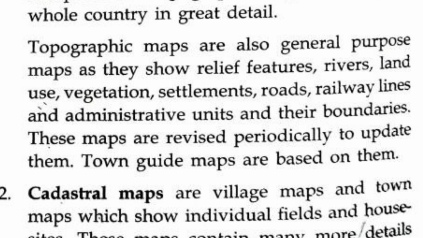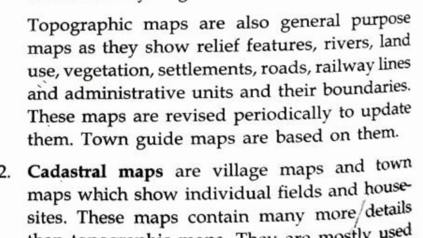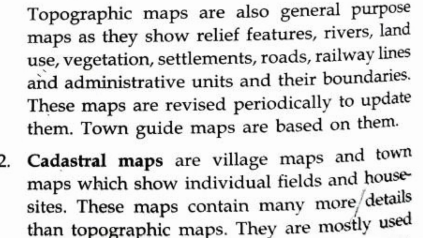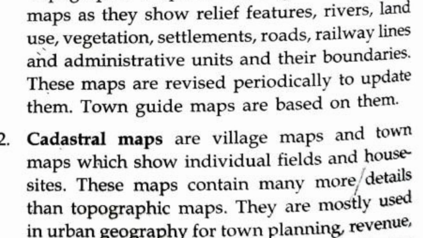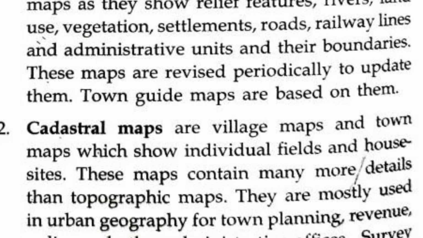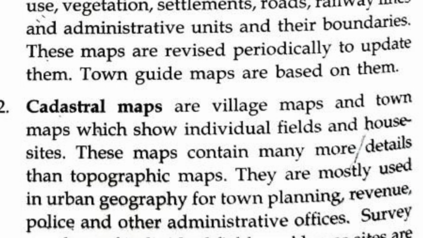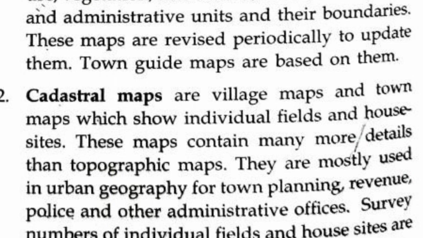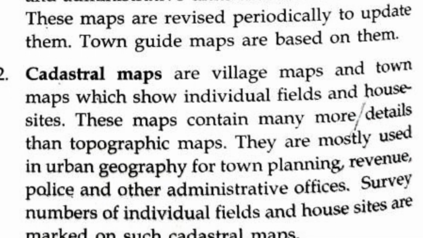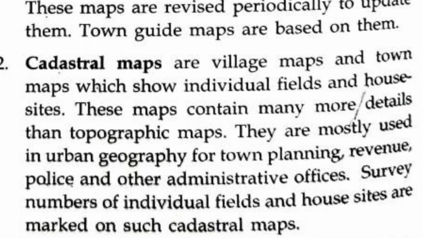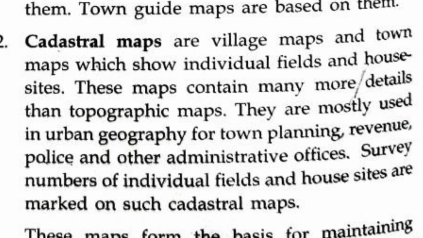Town guide maps are based on them. Cadastral maps are village maps and town maps which show individual fields and house sites. These maps contain many more details than topographic maps. They are mostly used in urban geography for town planning, revenue, police, and other administrative offices.